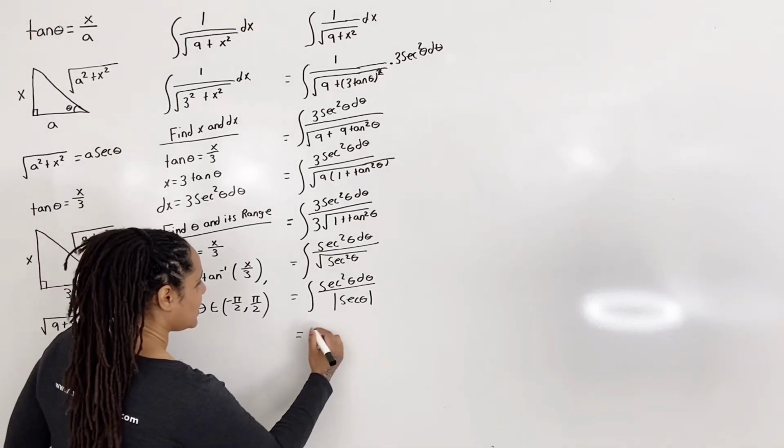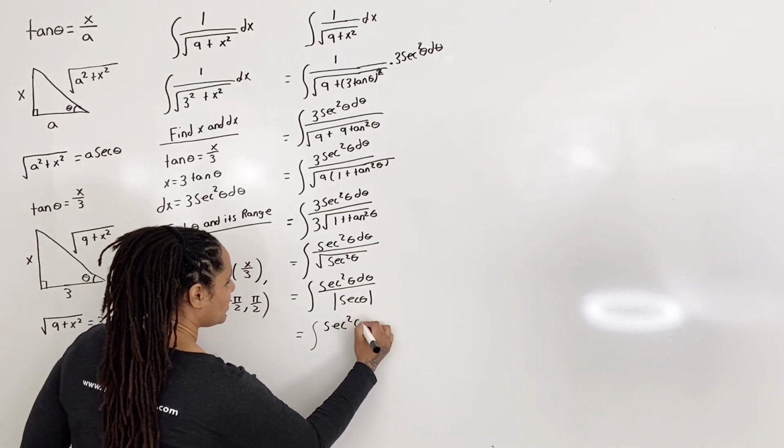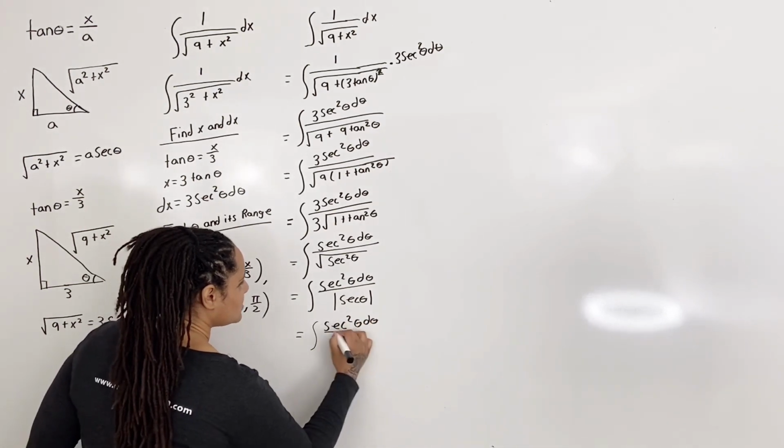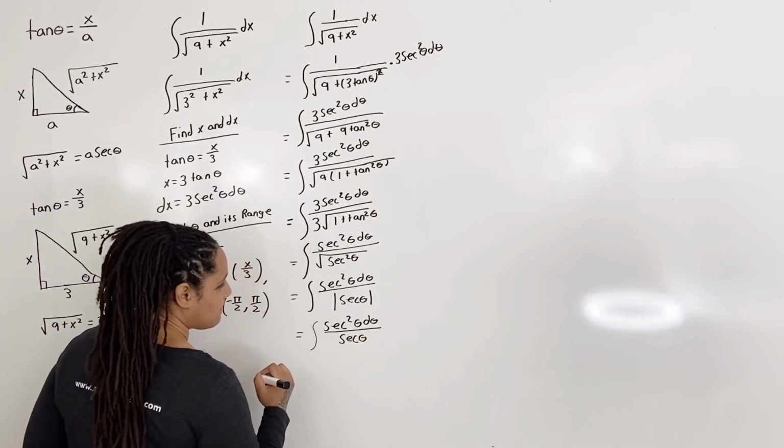So we can say that this is equal to the integral of secant squared theta d theta divided by secant theta.